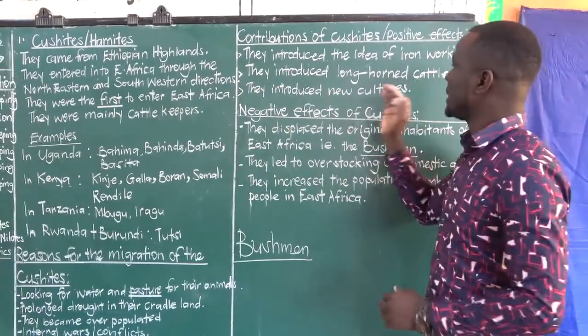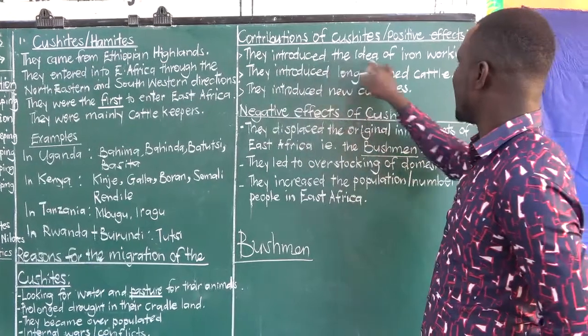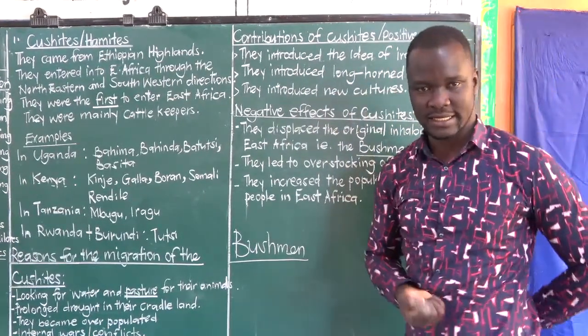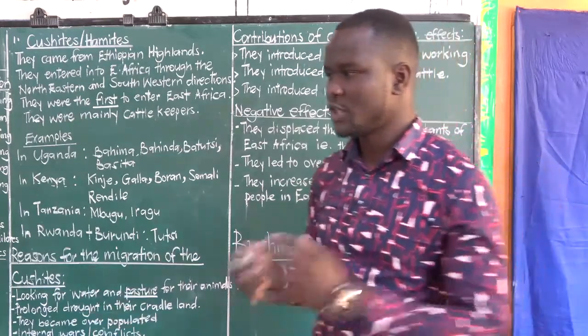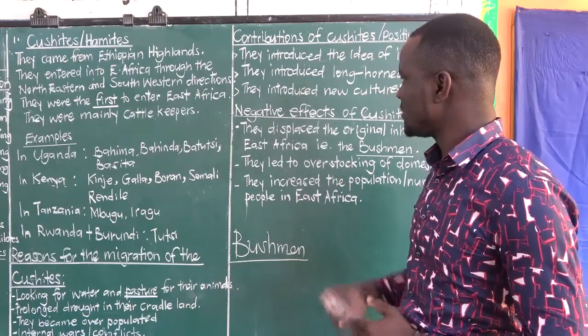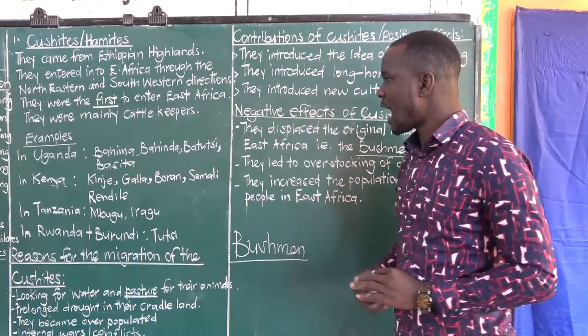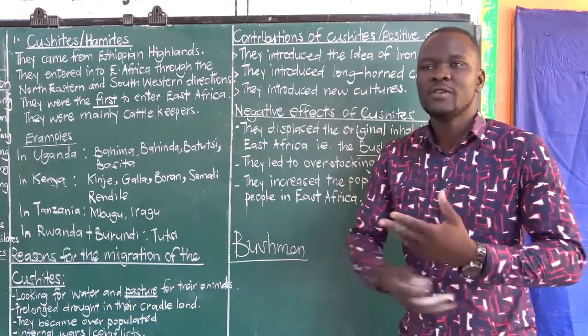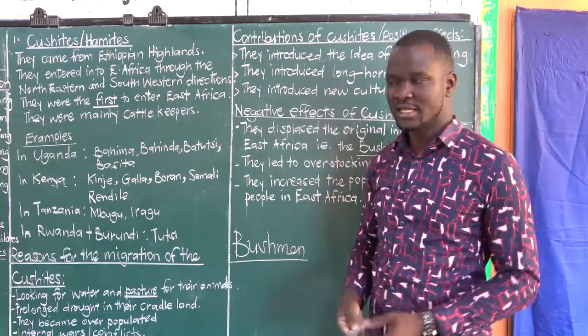So here we are saying these people introduced the idea of iron working. That's what we call iron smelting. We learned about this. The Kushites introduced the idea of iron smelting. A question can be asked to you. How did the Kushites, or how did the Hamites, improve on the technology in East Africa?